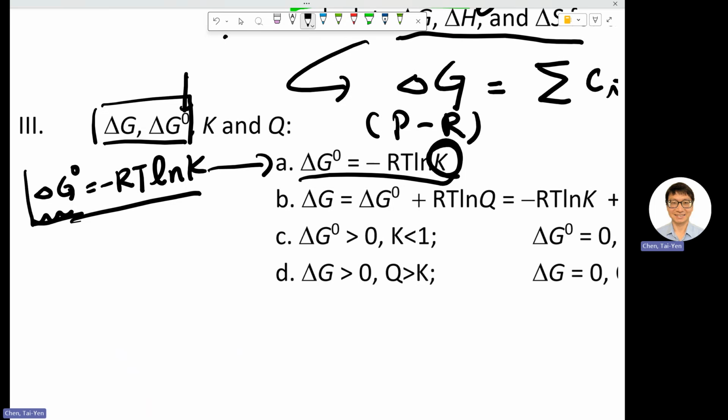If I can measure the energy changes under standard condition, that number is going to relate to the equilibrium constant K of the specific reaction.